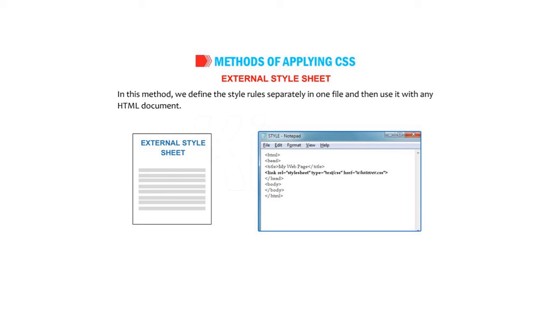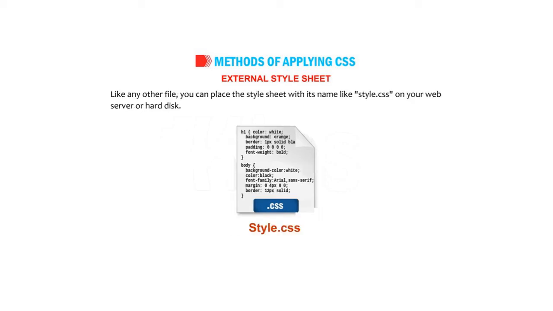In this method, we define the style rules separately in one file and then use it with any HTML document. An external style sheet is simply a text file with the extension .css. Like any other file, you can place the style sheet with its name like style.css on your web server or hard disk.